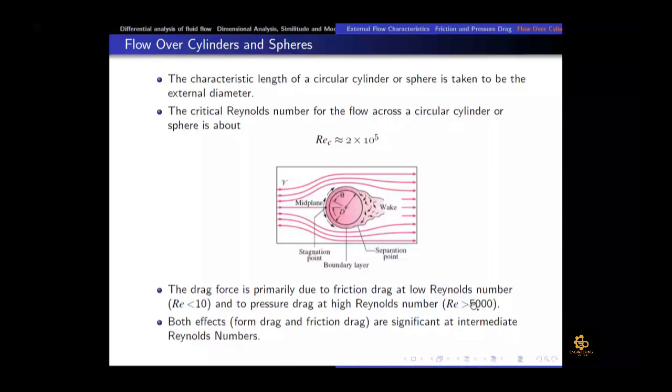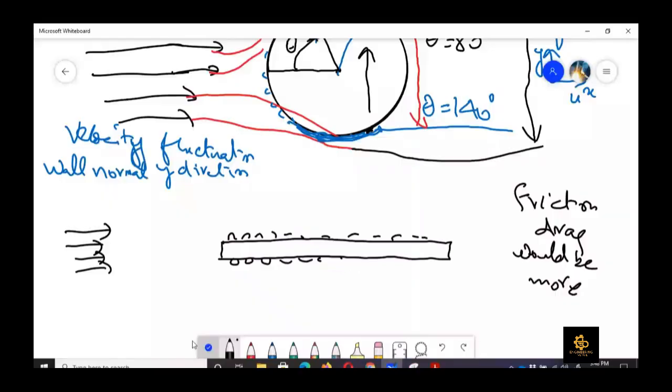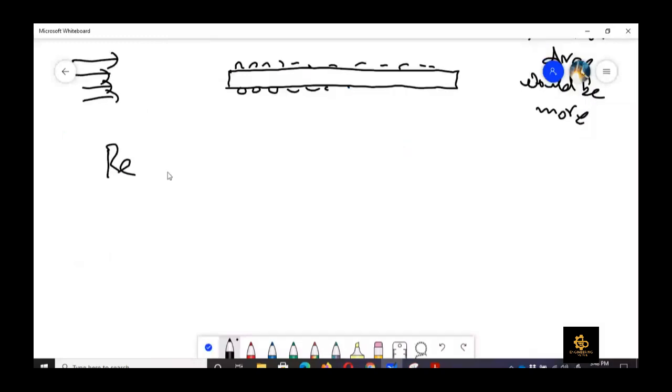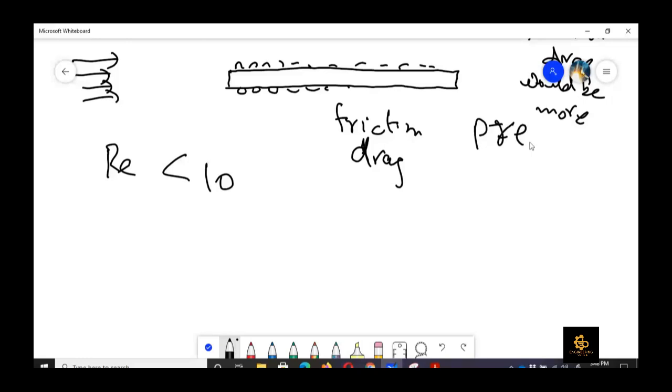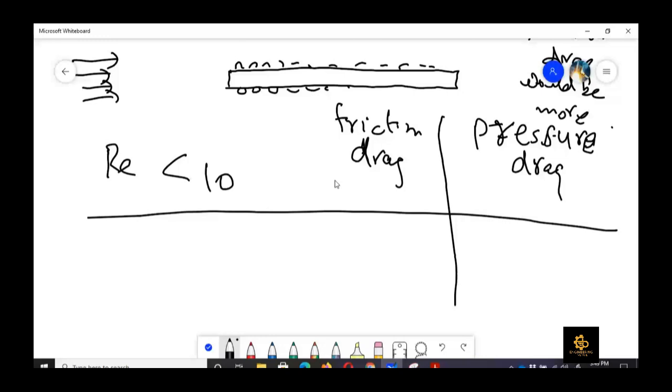So let me write it here. When Reynolds number is less than 10, friction drag would be more dominant, and there wouldn't be any pressure drag contribution, or very little.